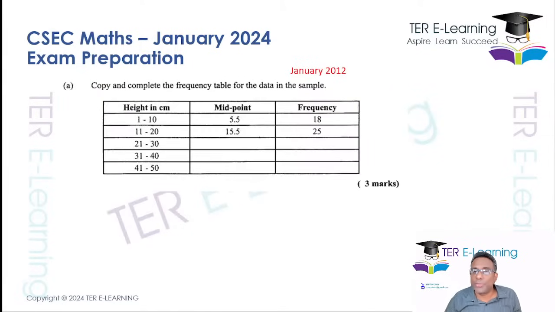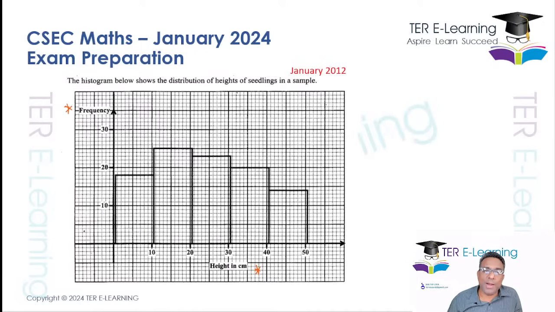Now, what they want us to do here is complete the frequency table for the data in the sample. If you notice, they have some numbers here, 18, 25. So that's the first two bars. This one corresponds to 18. This one corresponds to 25.